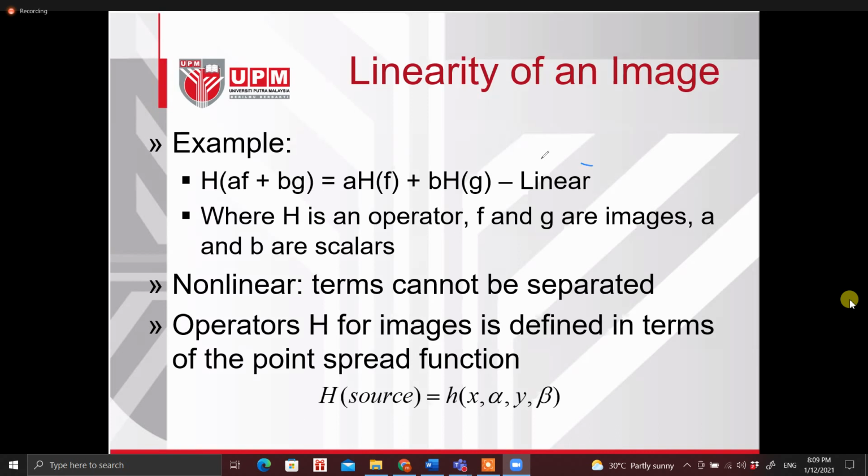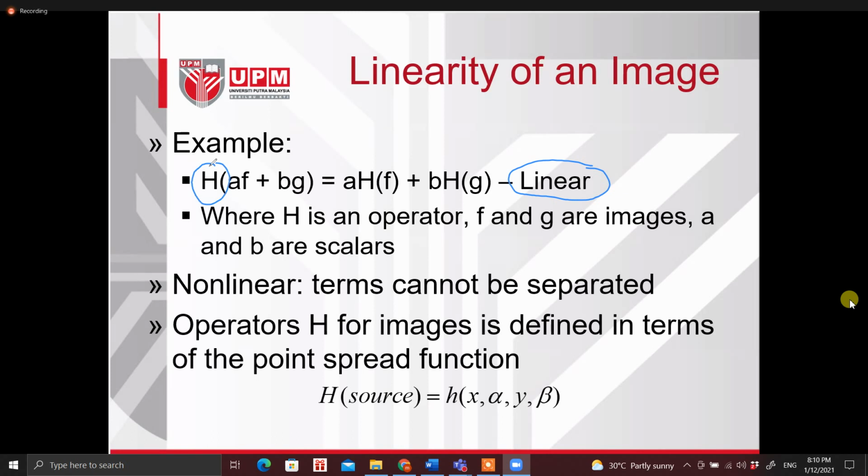So we talk about the linearity of an image. In other words, when we talk about digital image processing, we are talking about processing them with a linear function. So what does linear mean? If you look at this simple equation, H here is an operator, an influencer, a factor that changes the quality of the image.